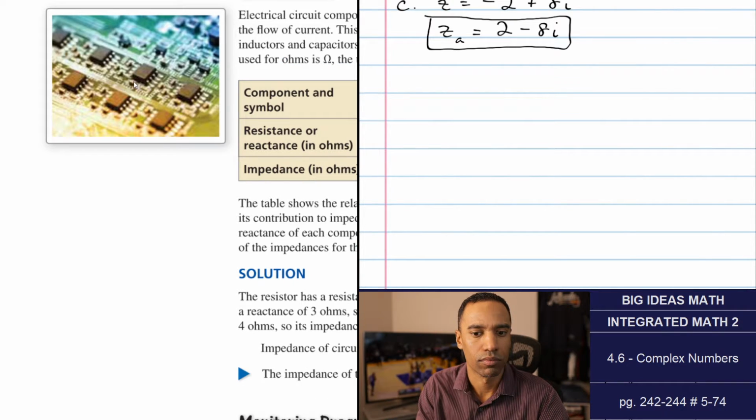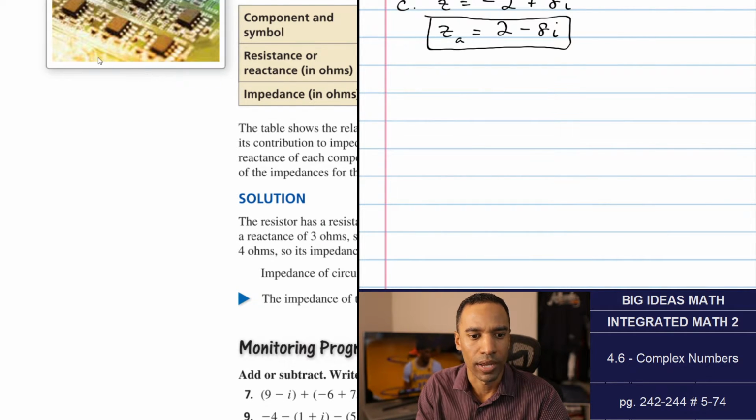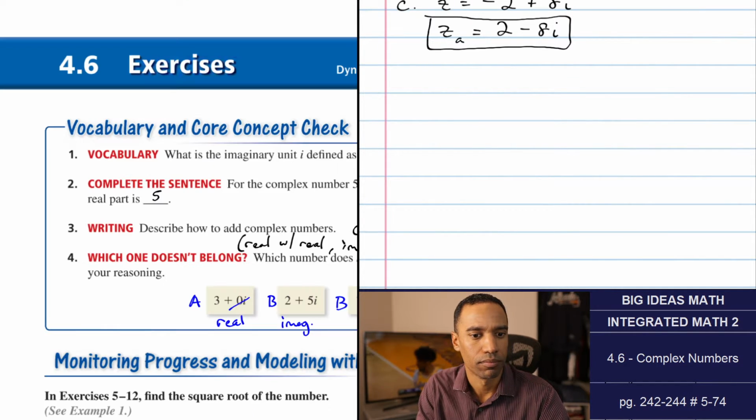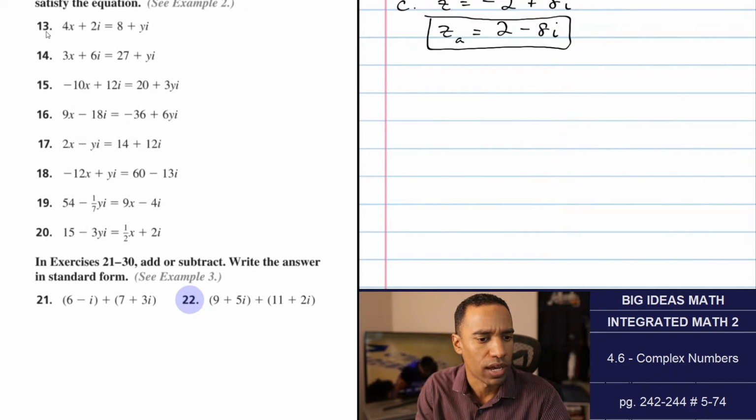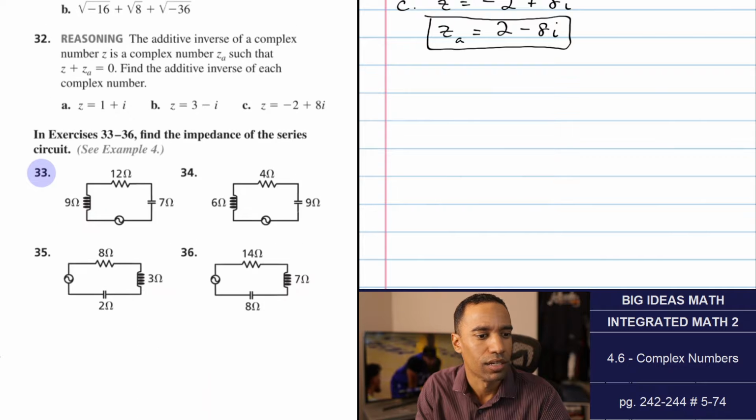Let me go back one more time. Where's the resistance, reactance component labeled? Reactance. Okay. I just want to say the right word so I don't have them confused.